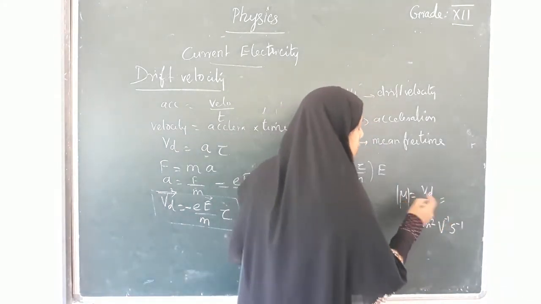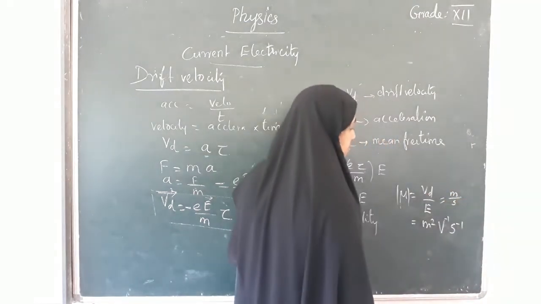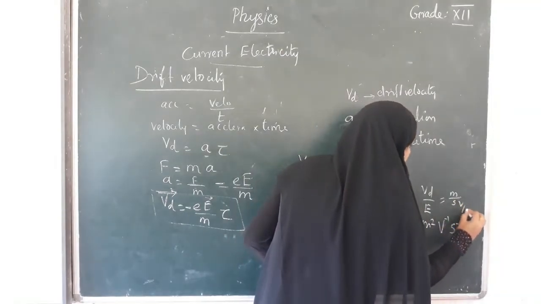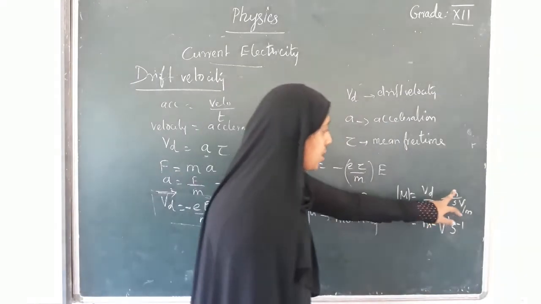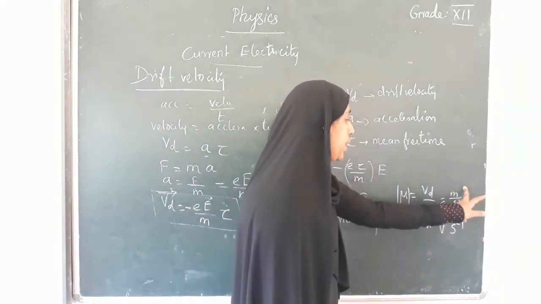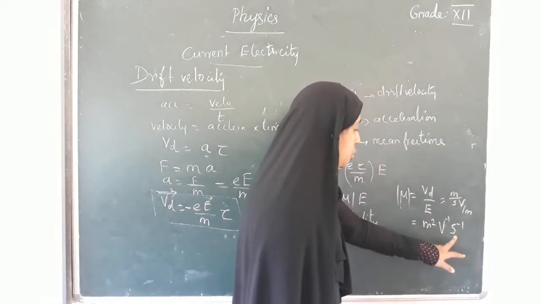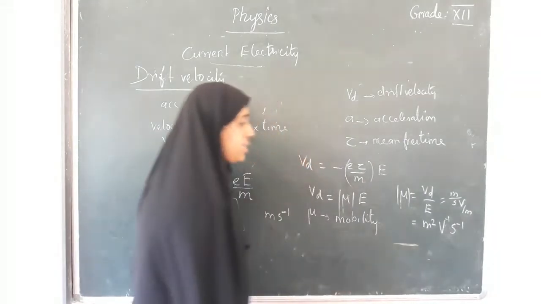The unit of velocity is meter per second and the unit of electric field is volt per meter. So meter goes to the numerator: meter square, volt raised to minus 1, second raised to minus 1. So this is about mobility.